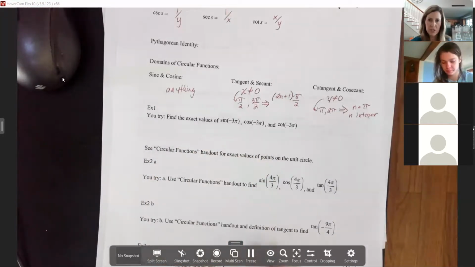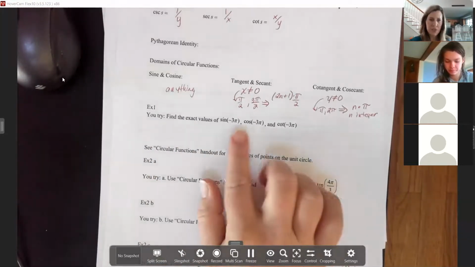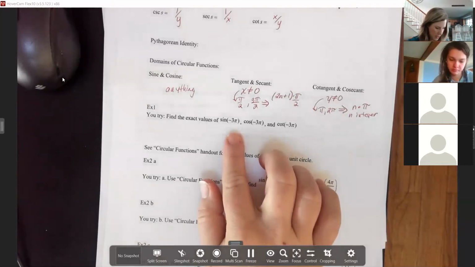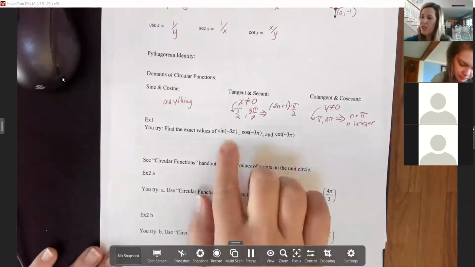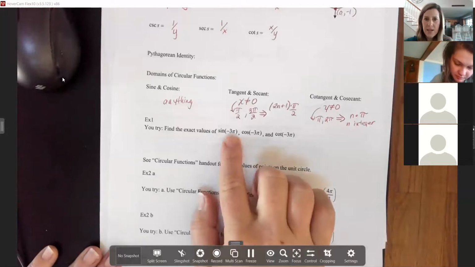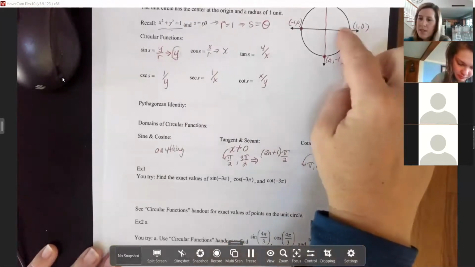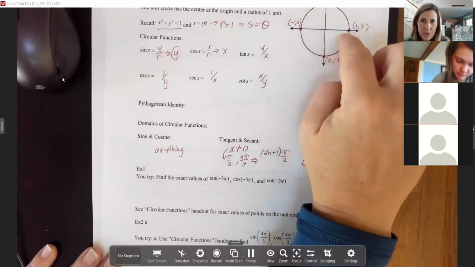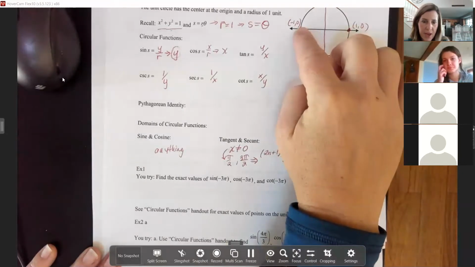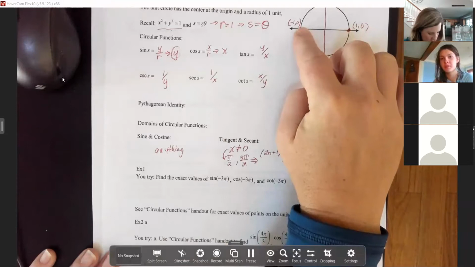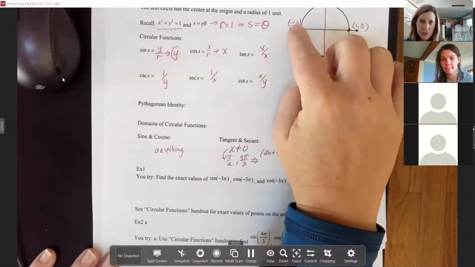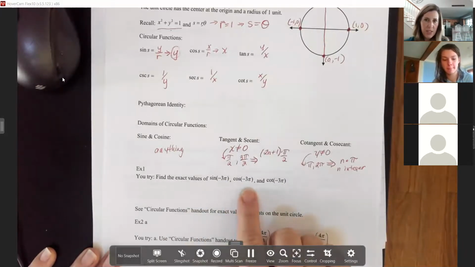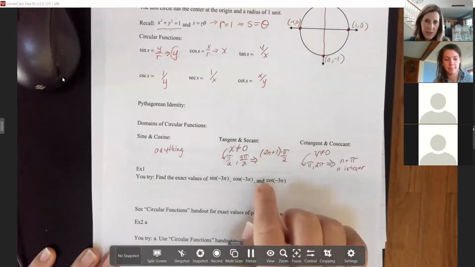Good. So these are either landing on, so remember, just on these ones, the sine of -3 pi. Well, that's going backwards, right? Negative. So this is -1 pi, -2 pi, -3 pi. And it's saying the sine, which is the y coordinate. So it's 0, right? Cosine of that is -1.